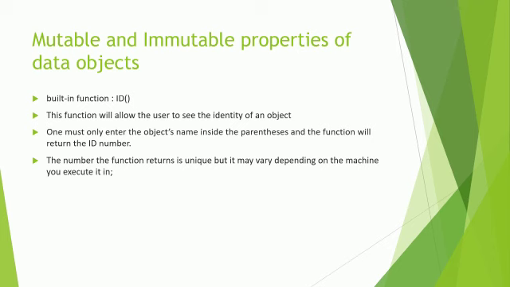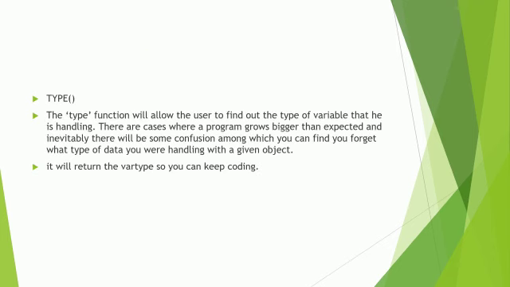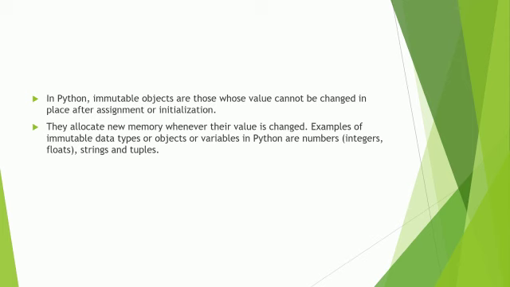So how is it going to vary between mutable and immutable? There is a type function which we discussed in a previous class. It is used to find out the type of an object, that is, what data type is assigned to a particular object.